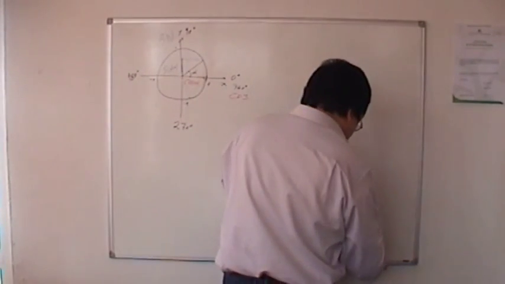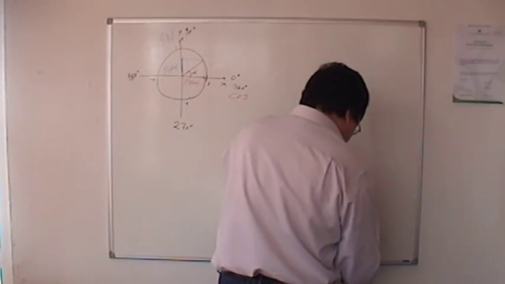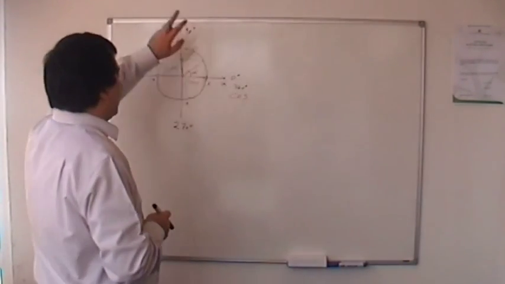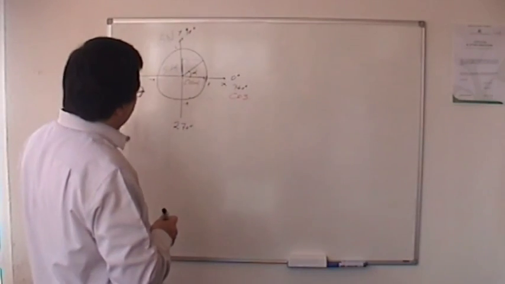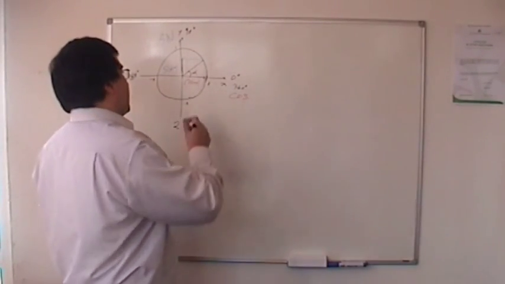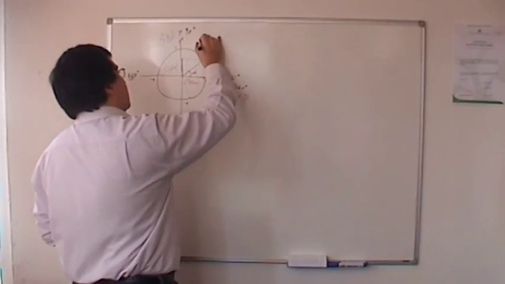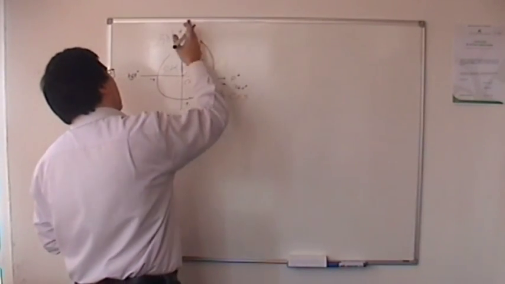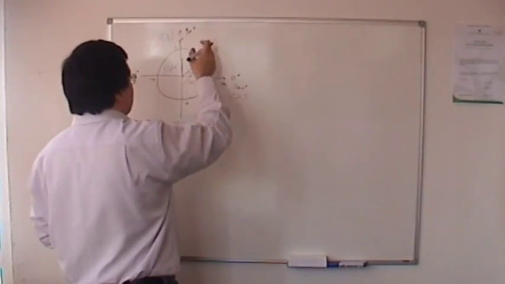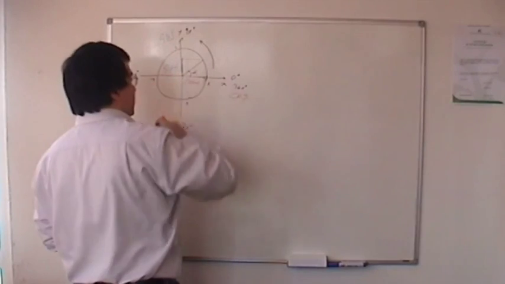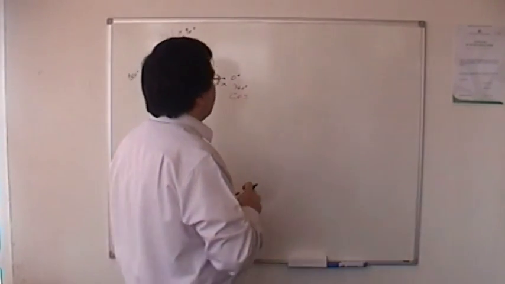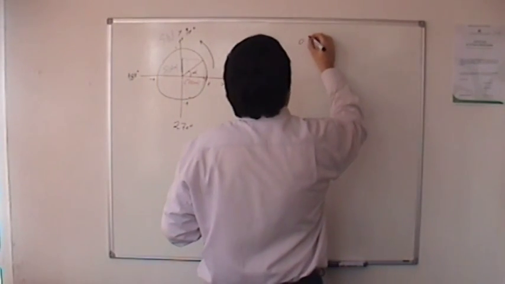Now let's see how my values of sine and cosine will vary around the unit circle. Remember that we move our angle in the counterclockwise direction. And let's create a table here.